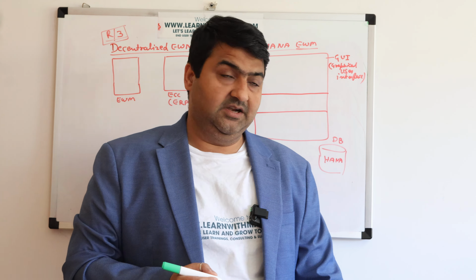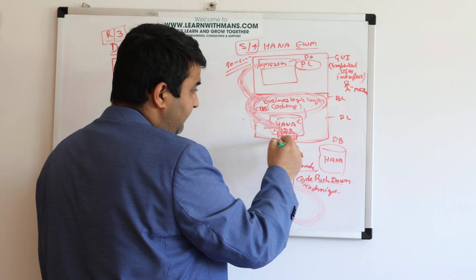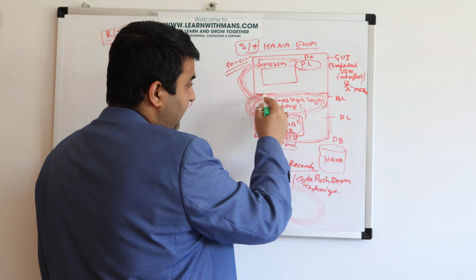In that situation, if we have bulk records, the system uses the code pushdown technique. What is the code pushdown technique? It means the bulk record execution, the sum, is triggered inside the same layer, inside the database. Here we have two layers, the business logic layer and the database layer, merged together.